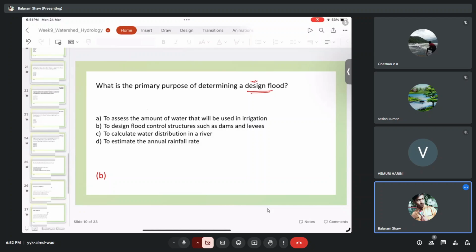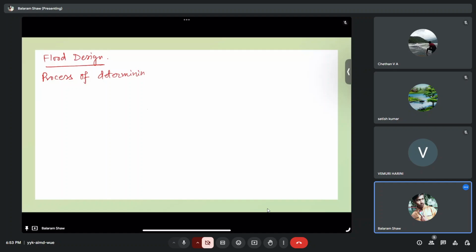The process of determining the standards for designing structures to withstand or manage flood events.